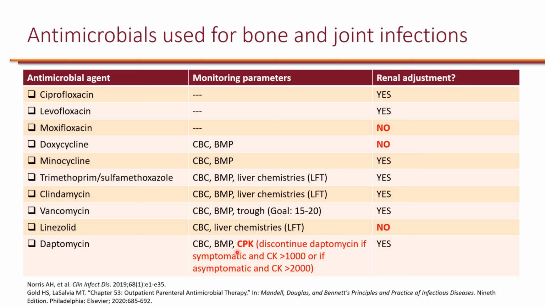This is because this increase of CPK due to daptomycin can increase patients' risk of rhabdomyolysis. So these symptoms would basically be muscle ache and other symptoms of rhabdomyolysis. Now, in particular, moxifloxacin and doxycycline as well as linezolid do not need to be renally adjusted.